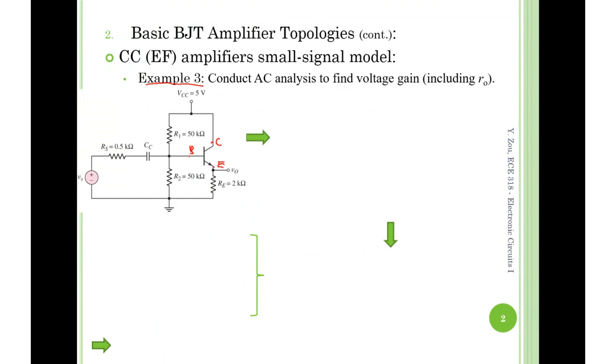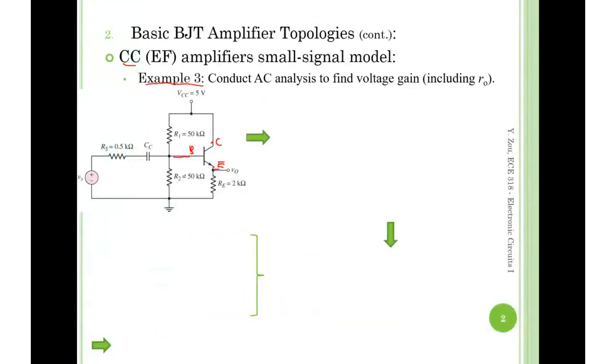Collector. Very good. So input is base, output is at emitter, so it's common collector. Of course, the title is also telling you that, but you should be able to come up with this conclusion yourself.